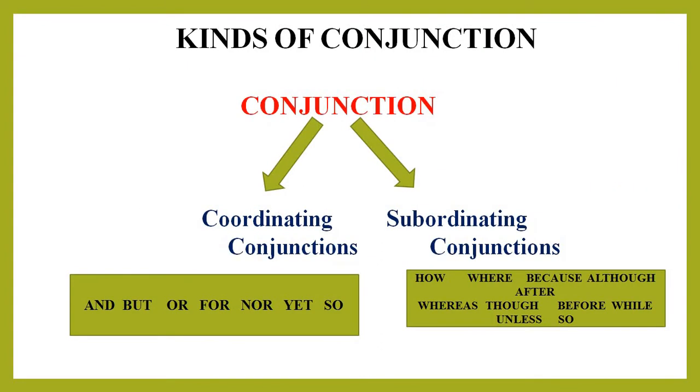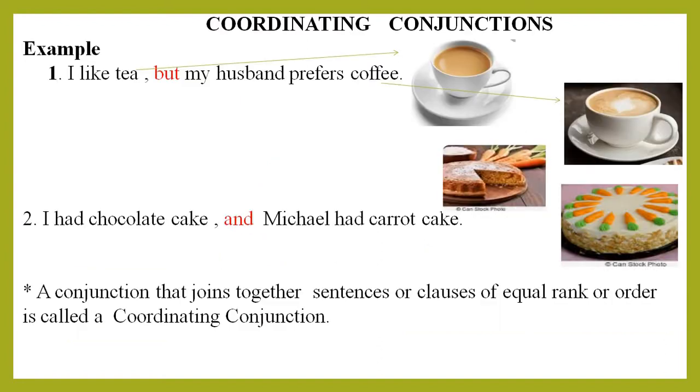Dear student, now we are going to understand one by one these two types of conjunctions. First is coordinating conjunctions. For understanding this, observe these sentences. First sentence is, I like tea, but my husband prefers coffee. Second is, I had chocolate cake and Michael had carrot cake.